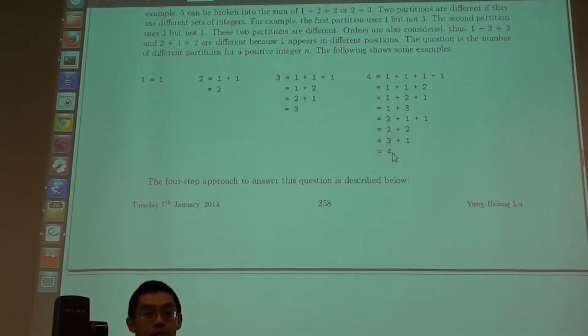Does that make sense? If I choose 1 for the first number, what's left? 3, 4 minus 1. If I choose 2 as the first number, what's left? 2, 4 minus 2. So if the first number is 2, you have 2 left. Make sense?